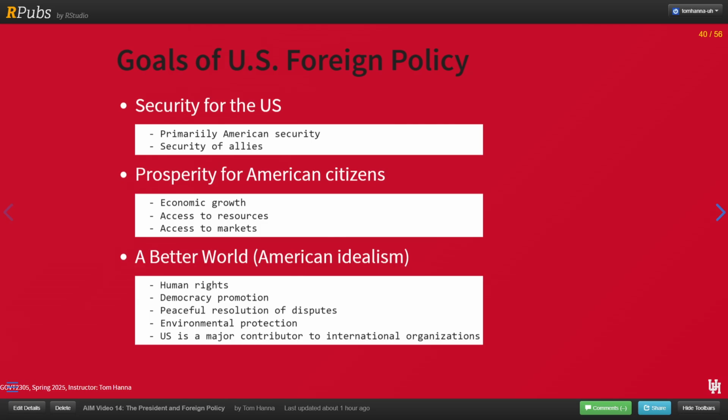Or when we've provided resources to Ukraine, we haven't provided military troops, but we provided resources to Ukraine to defend itself after it was attacked.